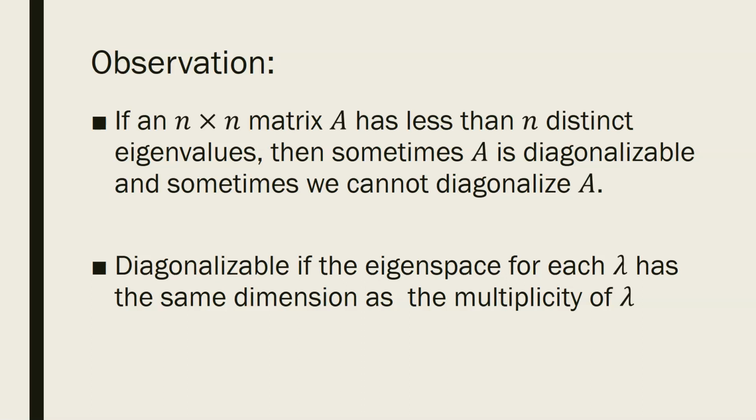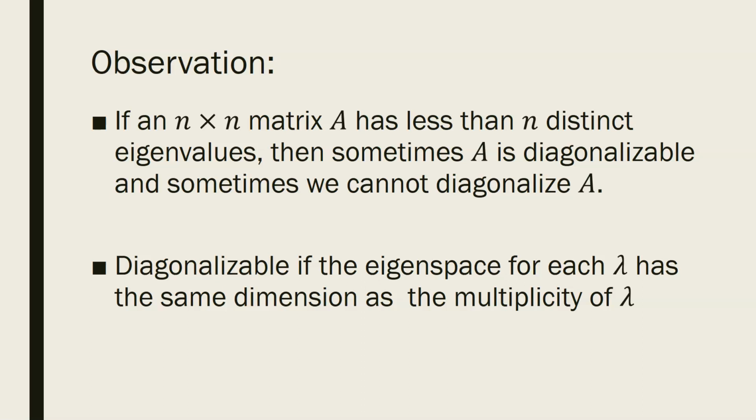If our eigenvalue has multiplicity 2, but our eigenspace only has dimension 1, then we can't diagonalize it. So the multiplicities of the eigenvalues have to match up to the number of basis elements in a basis for the eigenspace.